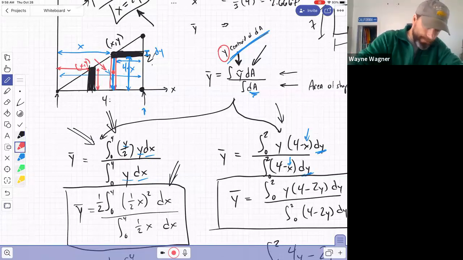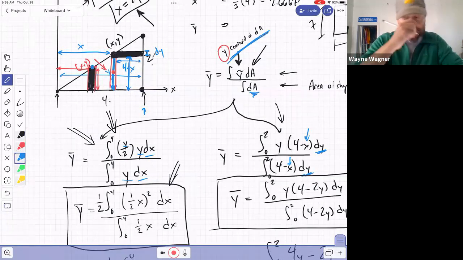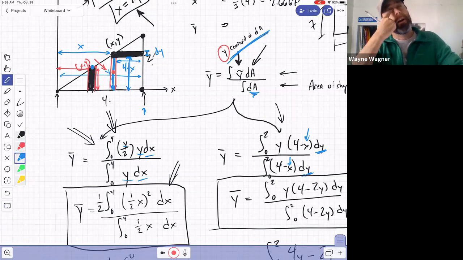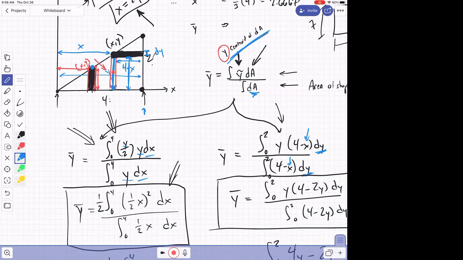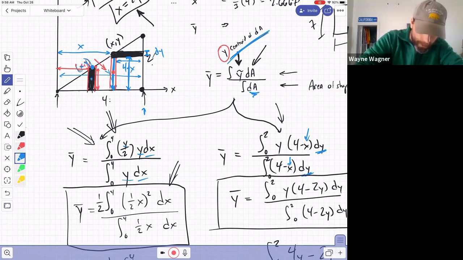Okay, so in this case, when we've got a vertical triangle like this, what are the coordinates of that dot? x comma y, right? Okay, the centroid is right here.